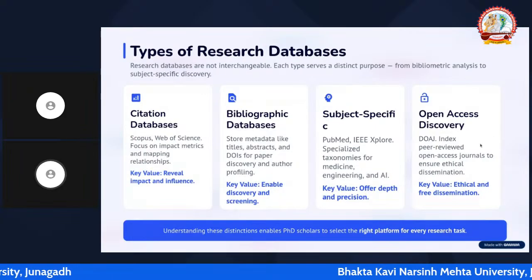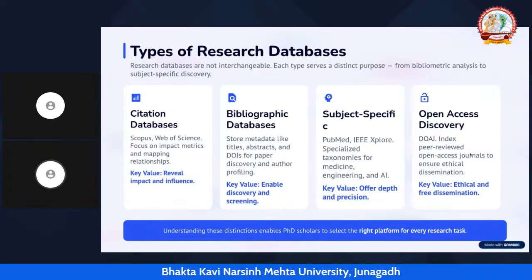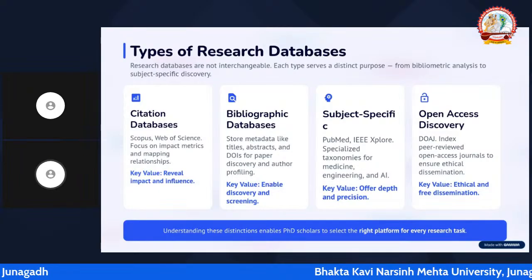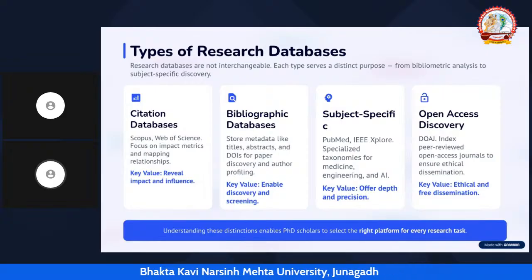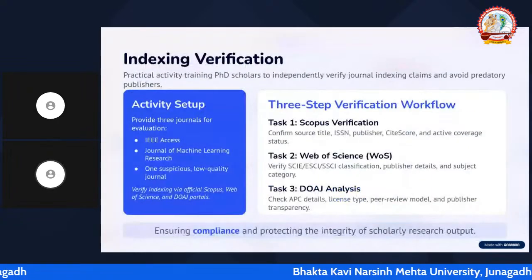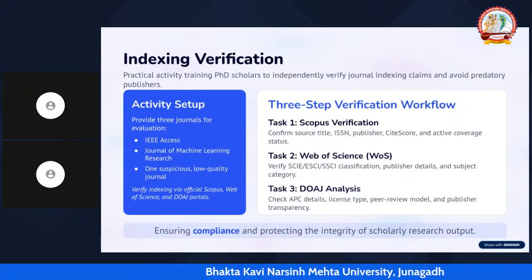Open access database: in this kind of journal, if you are using a multidisciplinary or interdisciplinary data set, you can use peer review journals, and that is covered by open access discovery. So we have four basic types of research database: citation database, bibliographic database, subject specific database, as well as open access discovery.